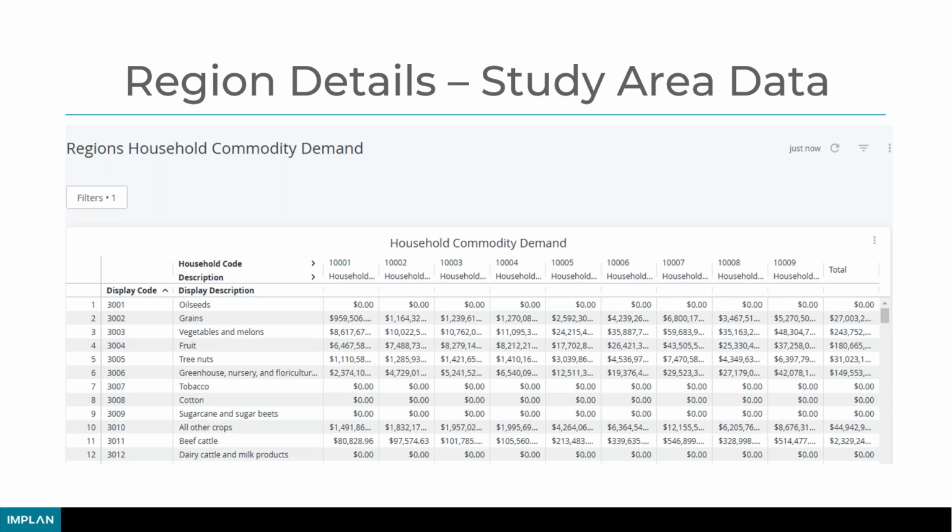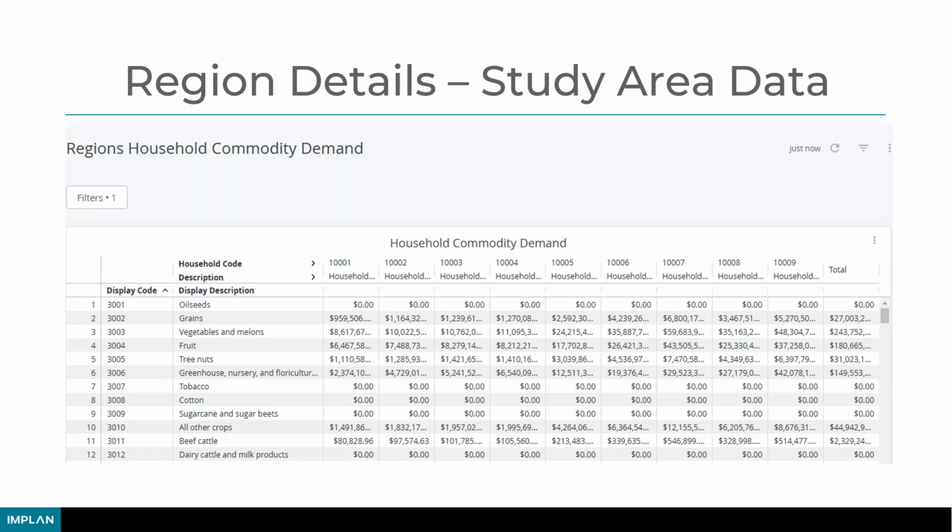So what we're looking at here, again, is household commodity demand. We've split household groups into 9 different income groups. The furthest to the left, and you can't see it in the headline, is households making less than $15,000 a year, all the way over to the far right-hand side, which is households making more than $250,000 per year. And then it breaks down the total expenditures by industry type or by commodity type.